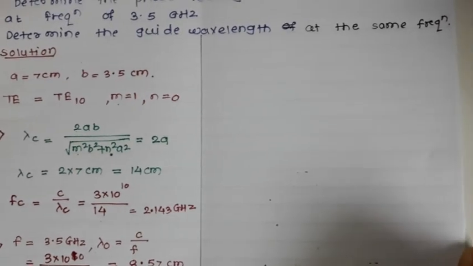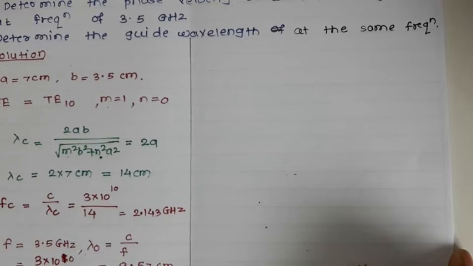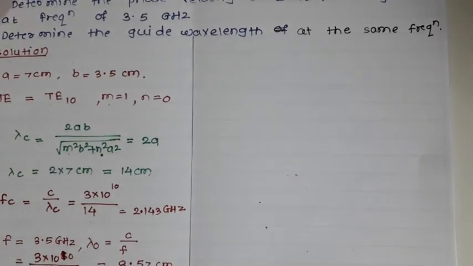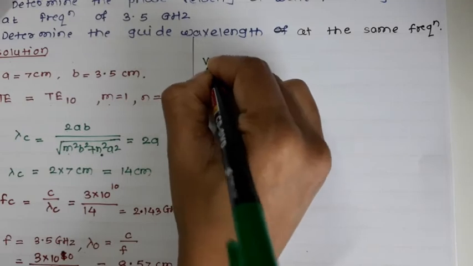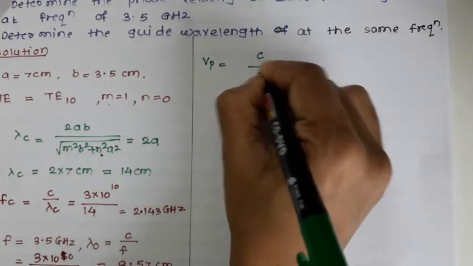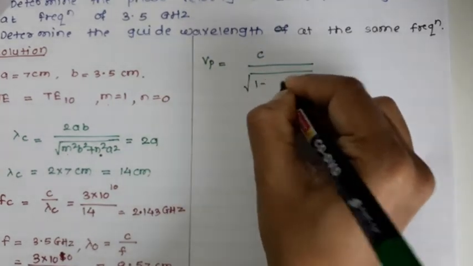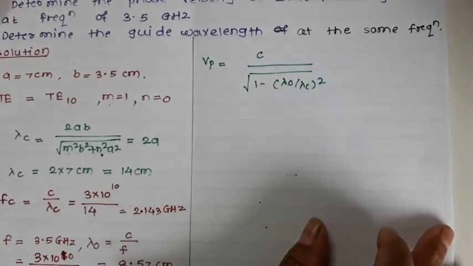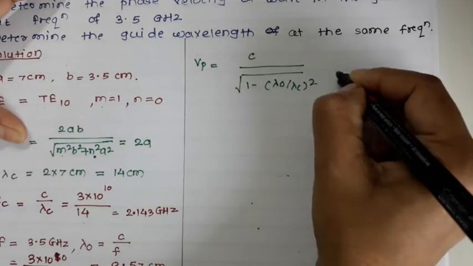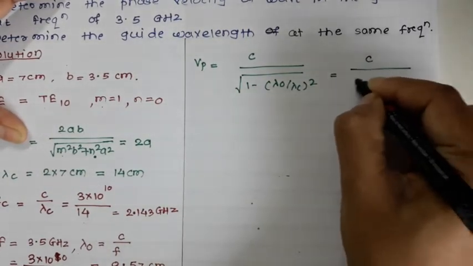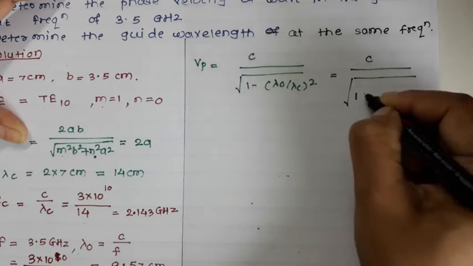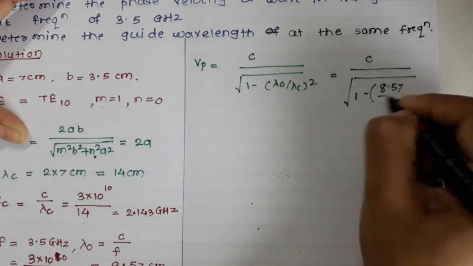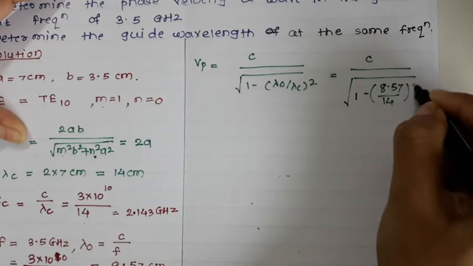Okay, so now I know lambda 0, I know lambda c. Now I can calculate another parameter, which is nothing but the phase velocity. Now I know that my phase velocity is equal to c divided by the square root of 1 minus (lambda 0 by lambda c) square. So I'll put all these things over there. If I put the values of lambda 0 and lambda c in my solution, it is equal to c divided by the square root of 1 minus (8.57 divided by 14) square.